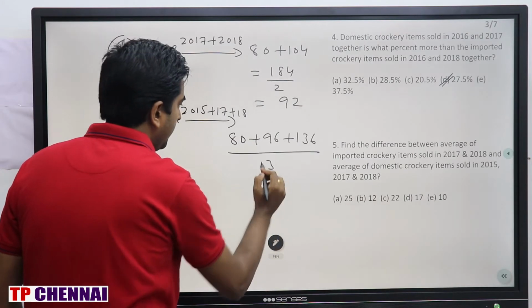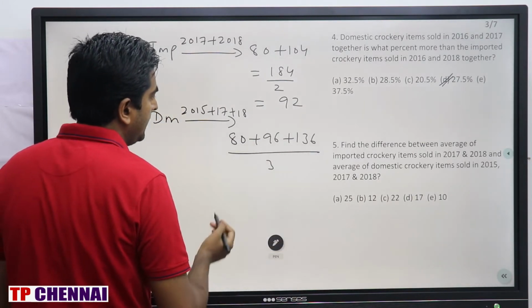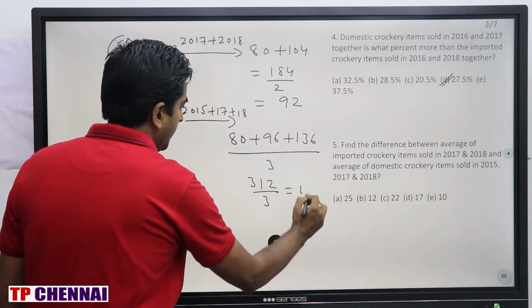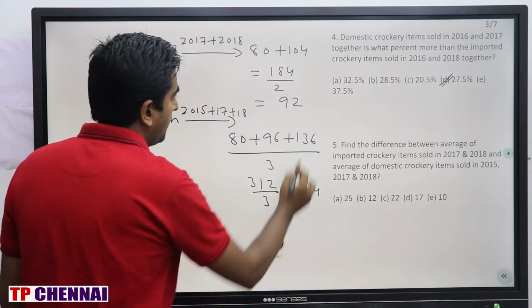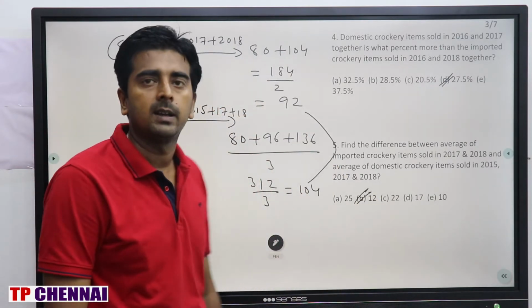By 3, right? Because average is there. So this is how much? 216 plus 96, 312. By 3. What is the answer? 104. So difference is how much? 12. Second option is the correct answer.